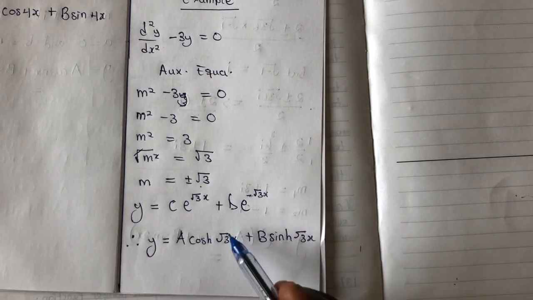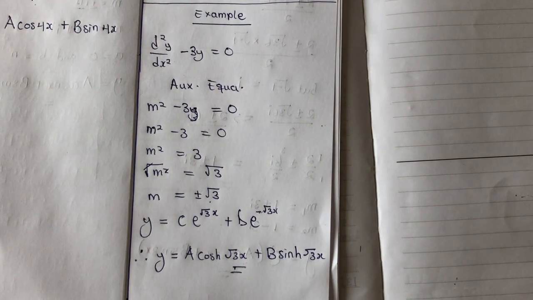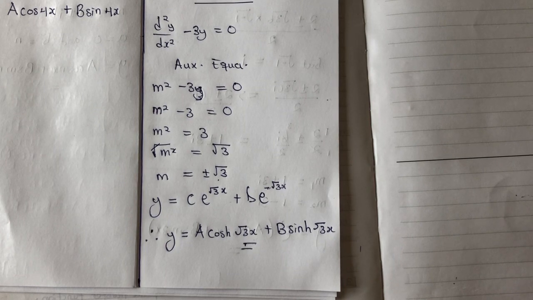So this is your final answer. For complex functions, there are 2 special cases. In my next video, I'll be taking examples under second order differential equation for both the complementary function and then the particular integral solution. So that one, you will see a clear example of what we have spoken of here.